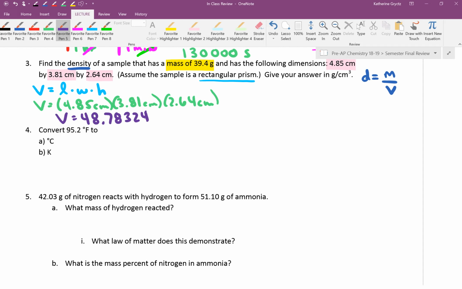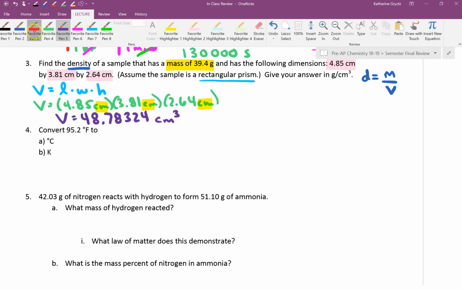Why I'm not doing that is this is not my final answer, and I don't want to round away my final answer. Some people can do this all in one step by calculating the volume in the middle of that formula. So we don't want a different answer whether you do it in multiple steps or in a single step. So I just kept everything right now, and I'm keeping it all in my calculator. The other thing is you have to know what your units are now, and so we multiplied centimeters times centimeters times centimeters, so we should have centimeters cubed.